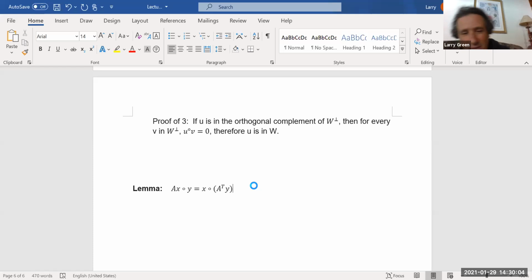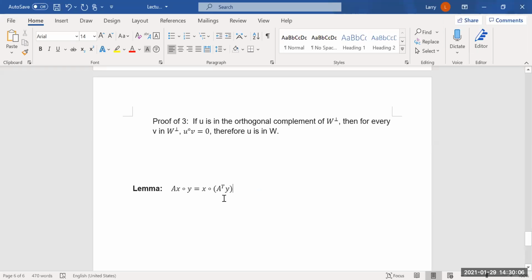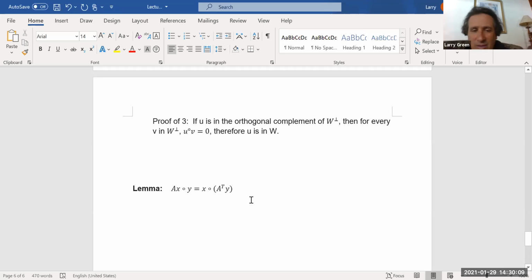So why is it true that AX dot Y equals X dot A transpose Y? Anyone see why?